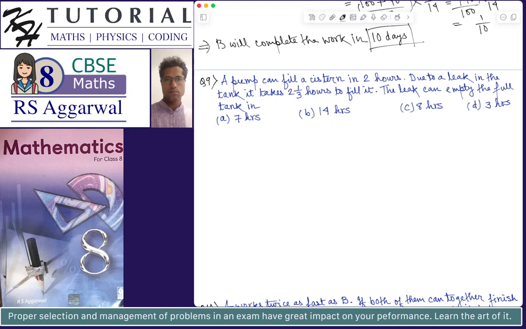So let the pump be denoted by the letter P, and let the leak be denoted by the letter L. Now, eventually we have to find how much time it will take the leak, that is L, to empty a full tank. For that, we need to find the work done by L in 1 hour.